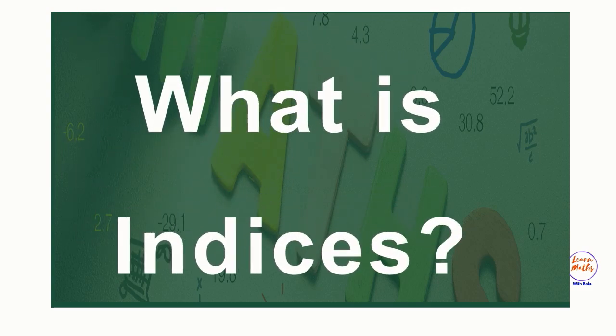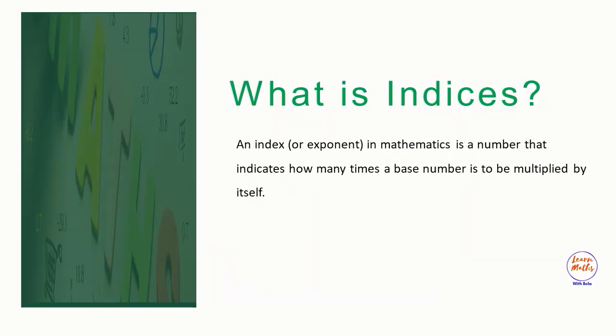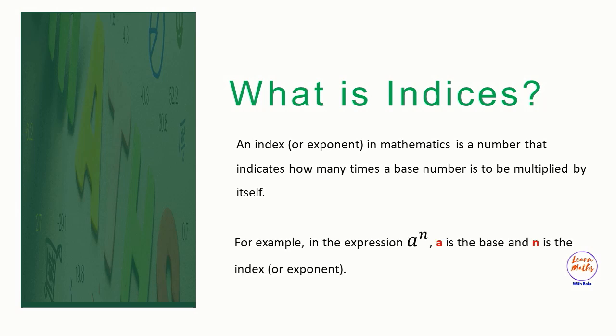So what is indices? Indices is the plural of index or exponent. In mathematics, it is a number that indicates how many times a base number is to be multiplied by itself. So what am I saying in essence?